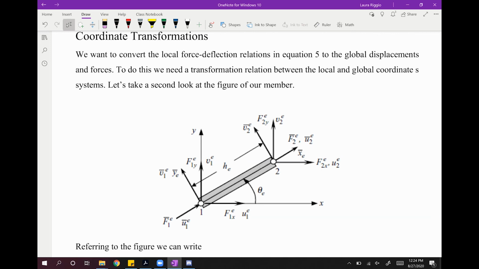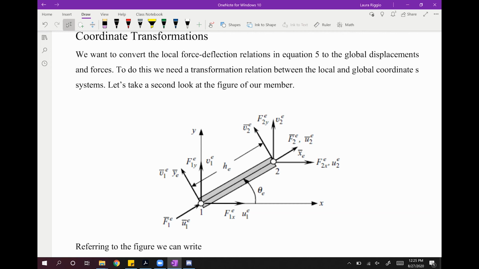That wouldn't be very effective. What we need is a way to go from, okay, I have these equations that work for one truss along its local coordinate system, and relate that local coordinate system to the global coordinate system. So if I have a truss that has 7 members, I know how to relate all the displacements and forces for these members. How are we going to do that? Well, we're going to do that with some coordinate transformations.